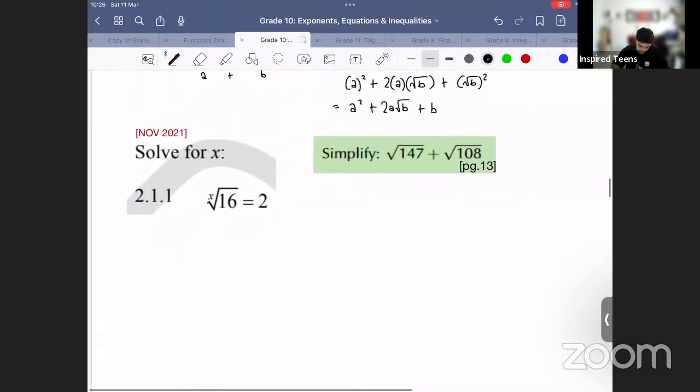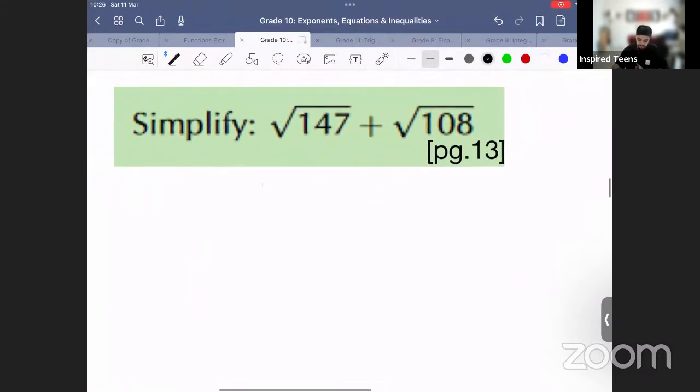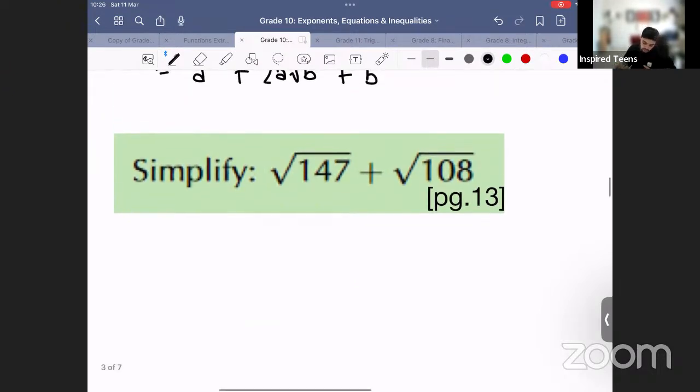Let's look at some other examples. Let's look at this example. Simplify square root 147 plus square root 108. So what you can do is sit with your squares and write them down: 1, 4, 9, 16, 25, 36, 49.